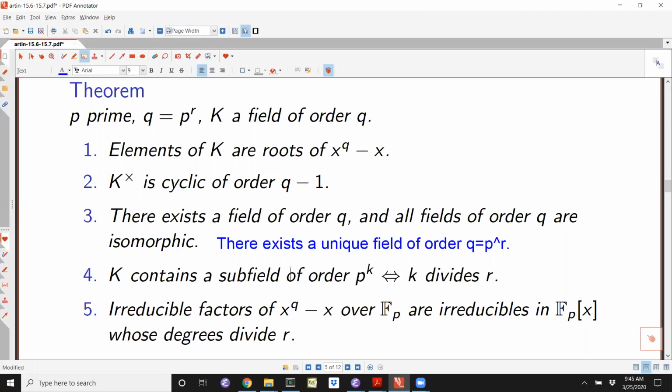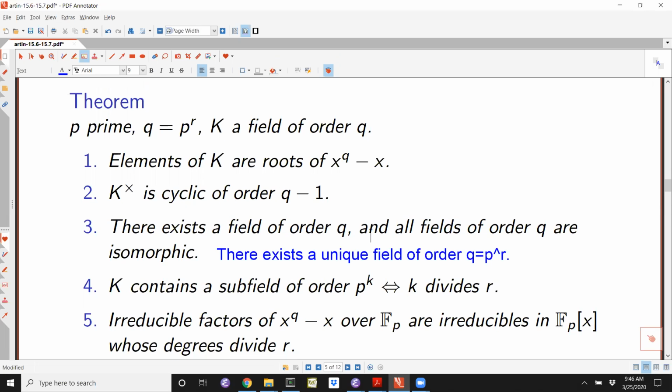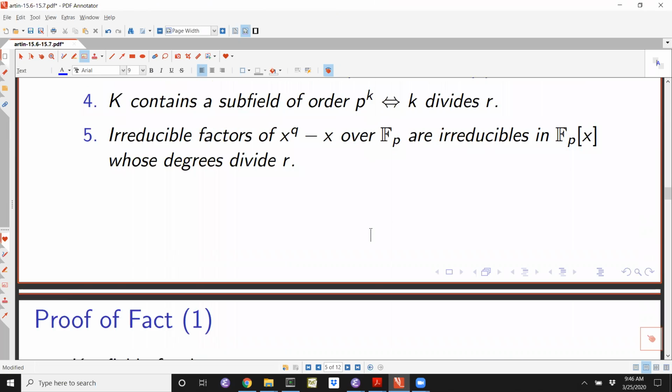So again, everybody ready to move on? Okay, maybe some of you are reserving judgment, but that's fair enough. We will come back to these five facts about finite fields many times.